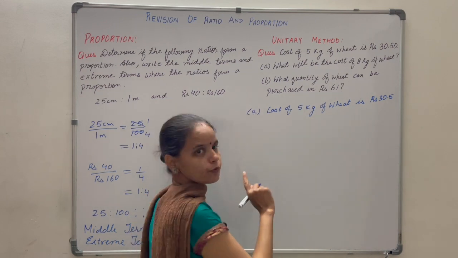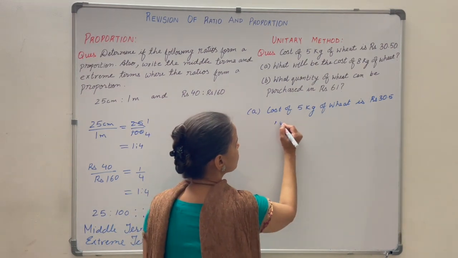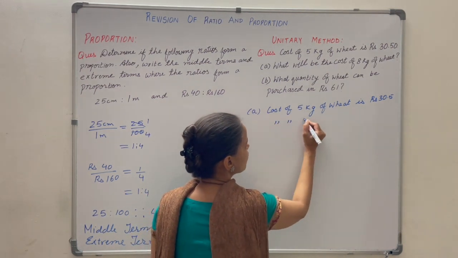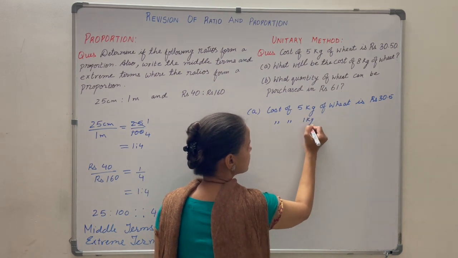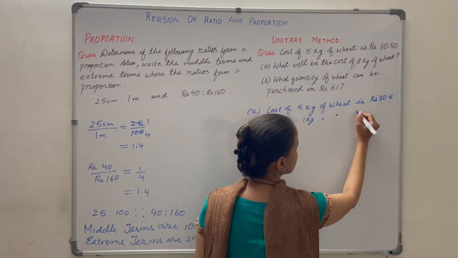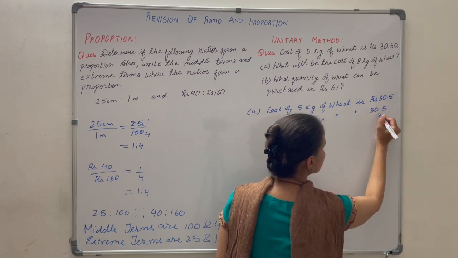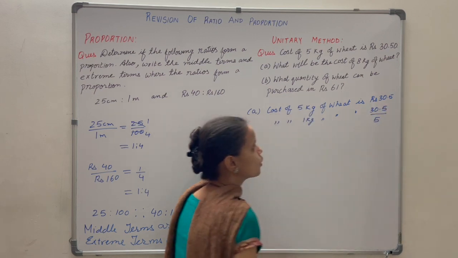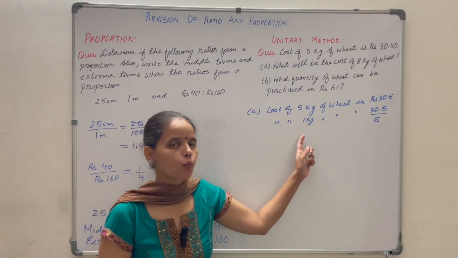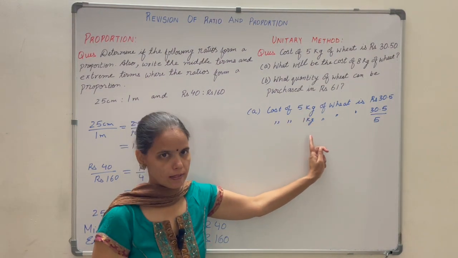So what is the cost for 1 kg of wheat? The cost of 1 kg of wheat is rupees 30.5 divided by 5. So you have first calculated for 1 unit, that means here 1 kg.